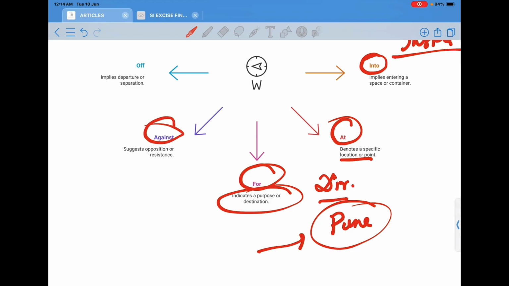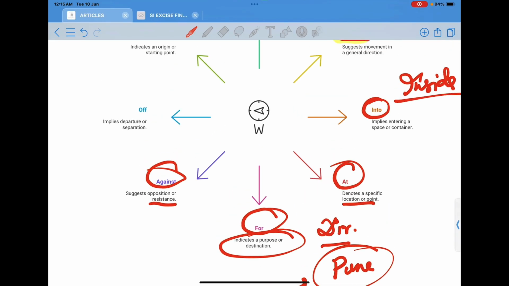Then against. Against shows pressure, suggesting opposition or resistance. For example, she cleaned the edge of her knife against the plate. He leaned against a tree. So against is basically opposition, resistance, or force.